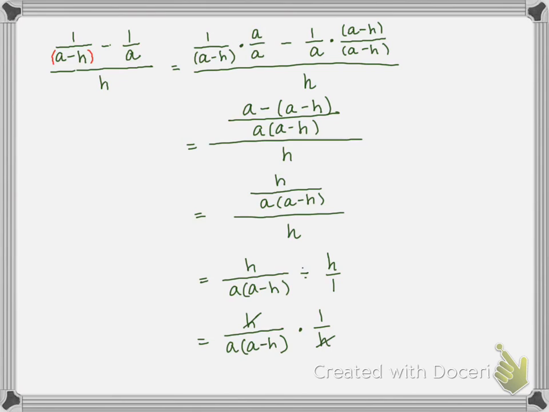So my h's will cancel. And we get 1 over a times a minus h. That worked out pretty nicely. Kenny, what do you think? I think I got h squared. Ooh, I bet you multiplied by h over 1.